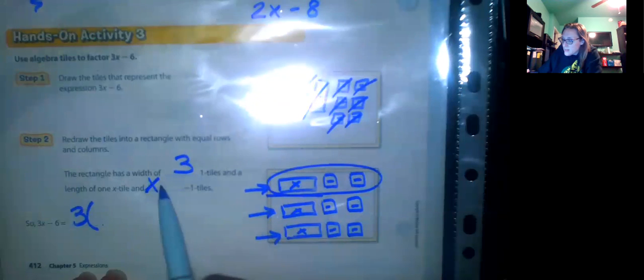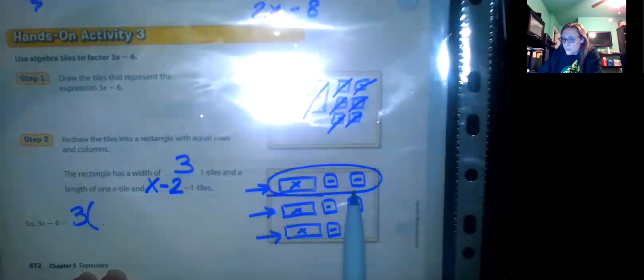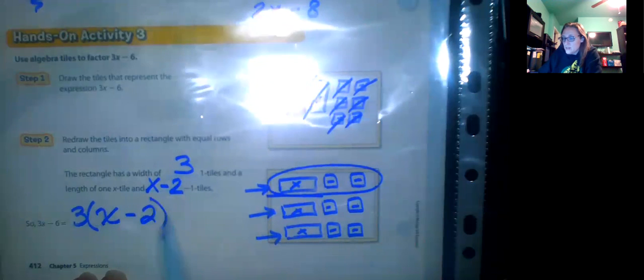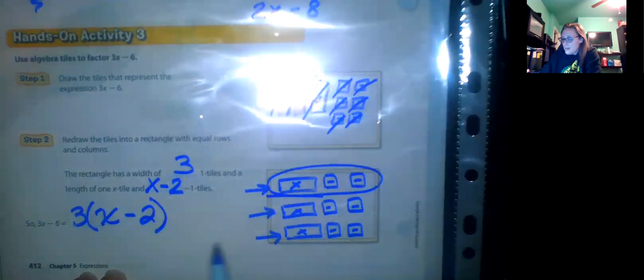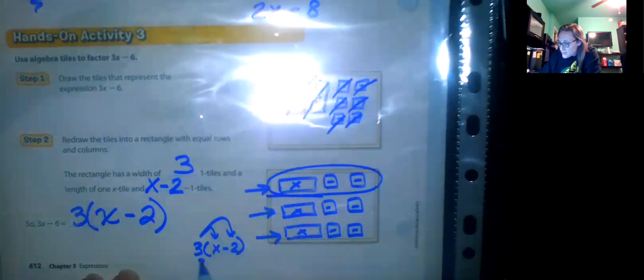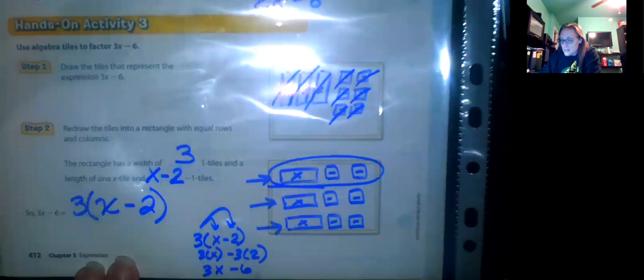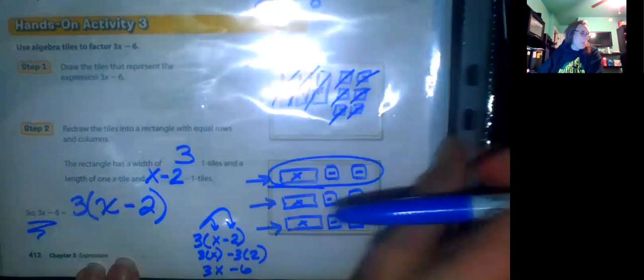An X minus 2, right? X minus 2. And again, to prove that we're correct, if I distribute 3 times X minus 3 times 2 gives me 3X minus 6, and that's what I started with.